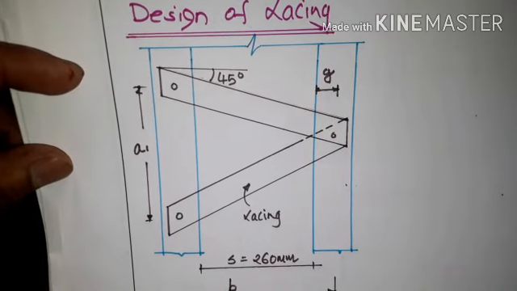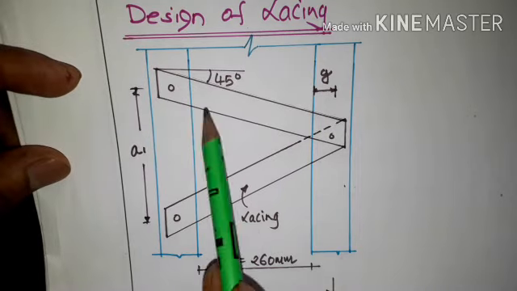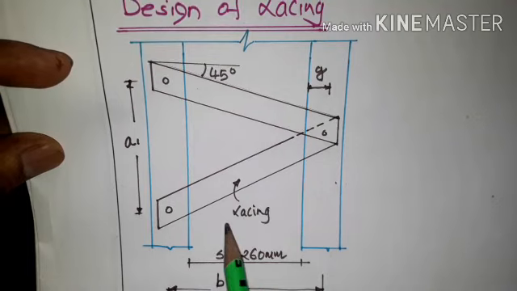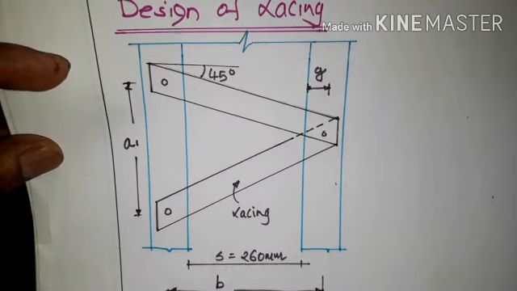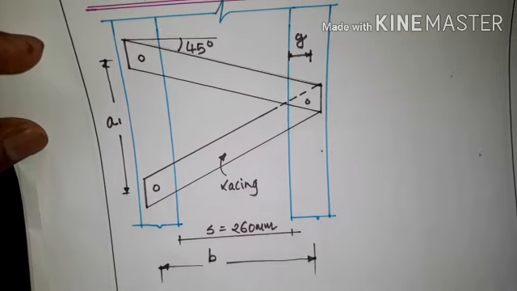We have two channels placed back to back. You can see these plates are nothing but lacings, and we have the two channel sections with the spacing of 260 mm face to face, that is back to back.